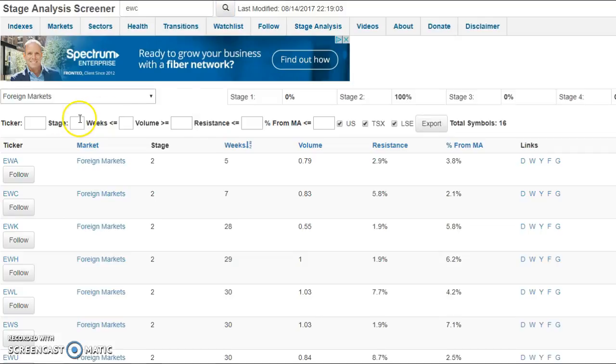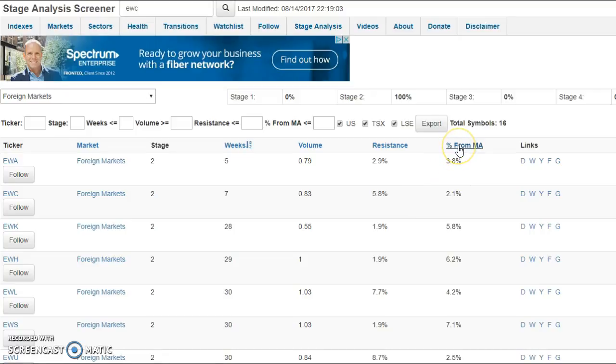One thing to note about the world's major foreign markets is that they're all in stage 2, and this is another important thing to pay attention to, because when the stock markets around the world are in unison going up in stage 2, a lot of times they can drag along the weakest markets with them when the world markets are in a strong bull market.